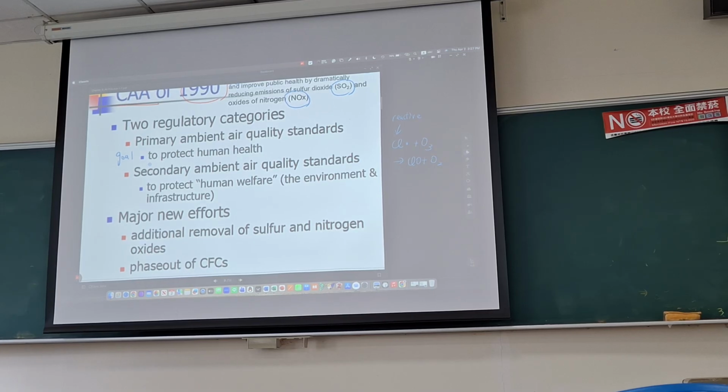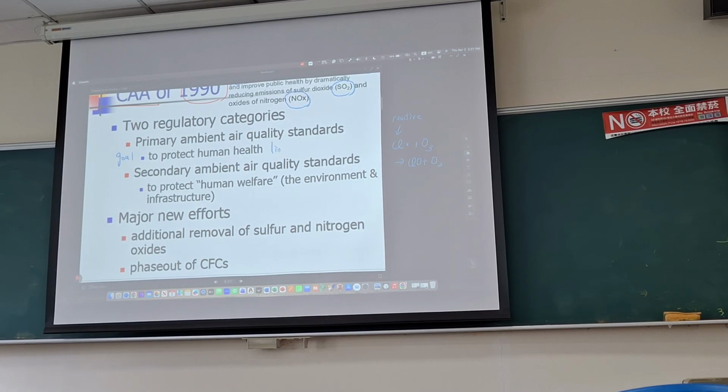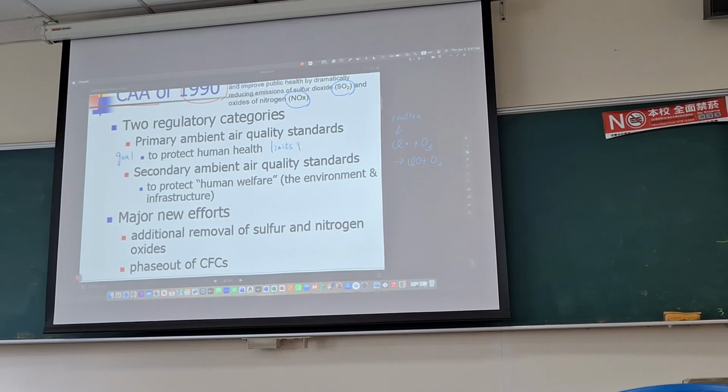So try to limit PM 2.5 to prevent lung disease.